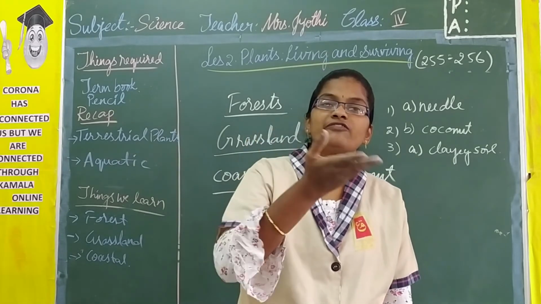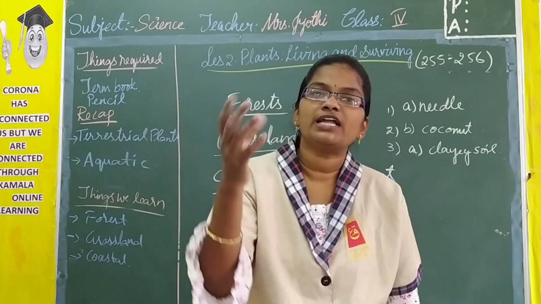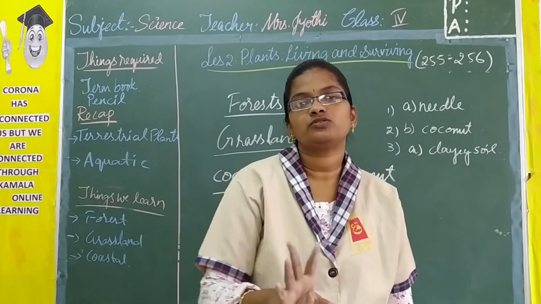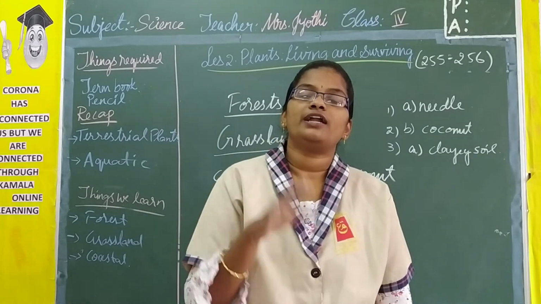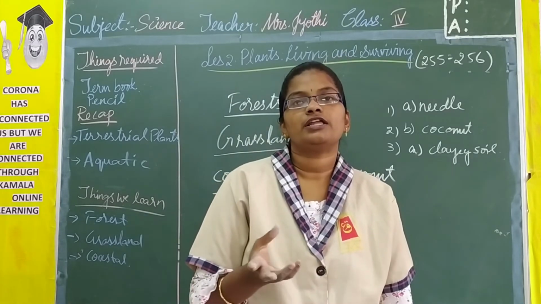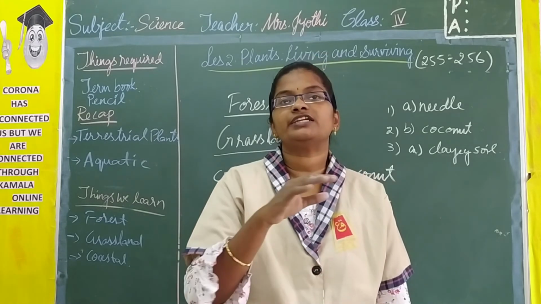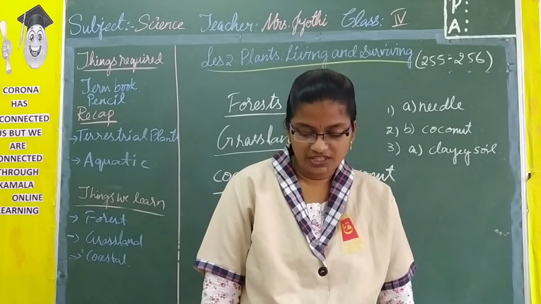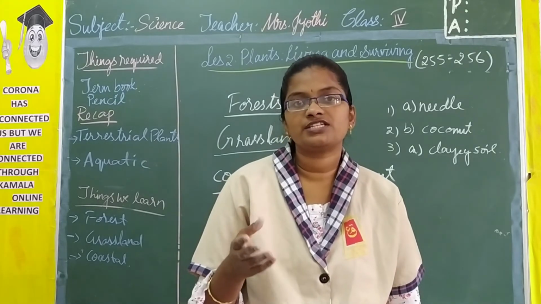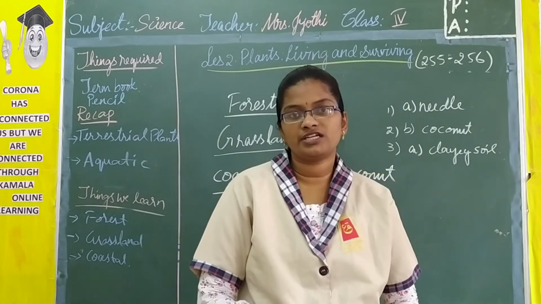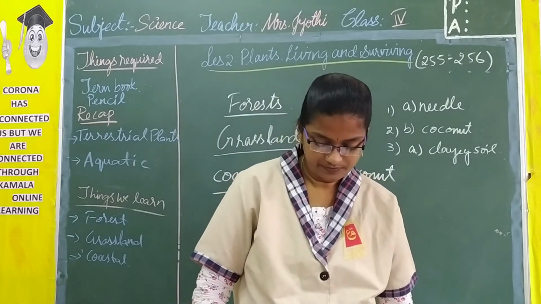Fixed plants, they float on the top of the water and their roots will be fixed deep into the soil. And there are underwater plants. That means the plant remains completely inside the water and it is not visible to us. So in the next session, we are going to learn about these three types of plants.